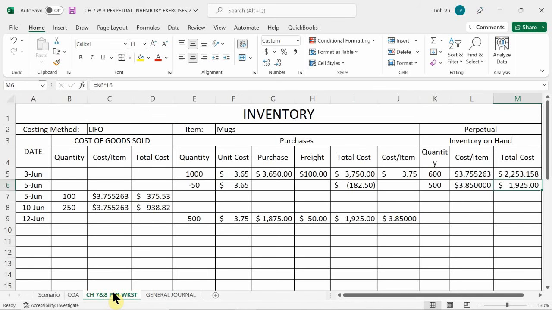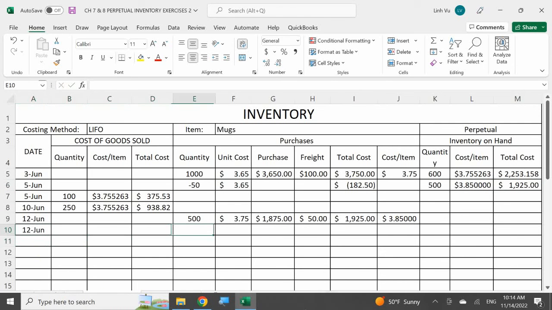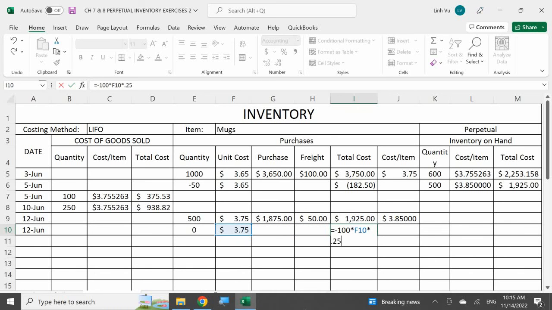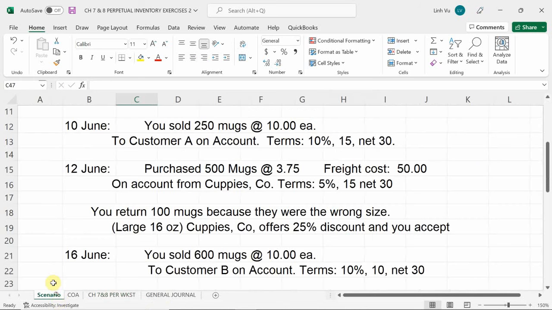So let's go ahead and go into my inventory worksheet. Today's the 12th. This affects my purchases, but it doesn't affect my quantity, right? Because I'm keeping the items. So in this case, what I'm going to do here is negative 100 times 375, okay, times 25% is going to give me $93.75 discount, okay?